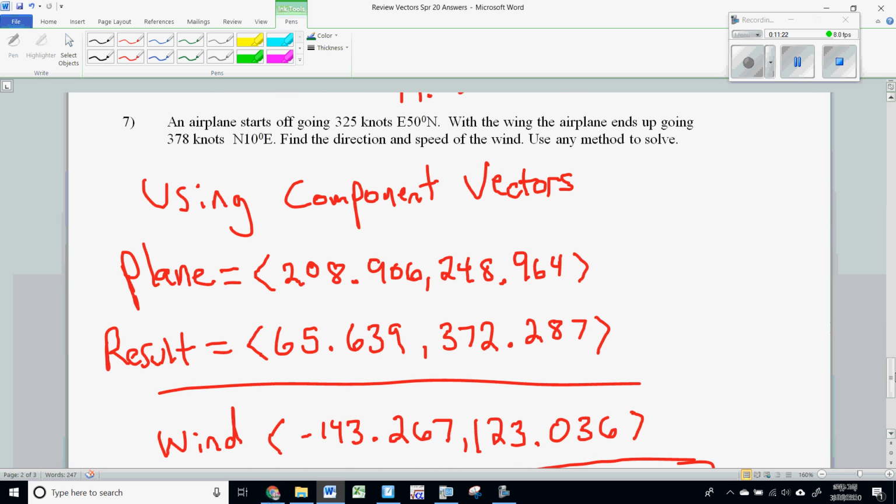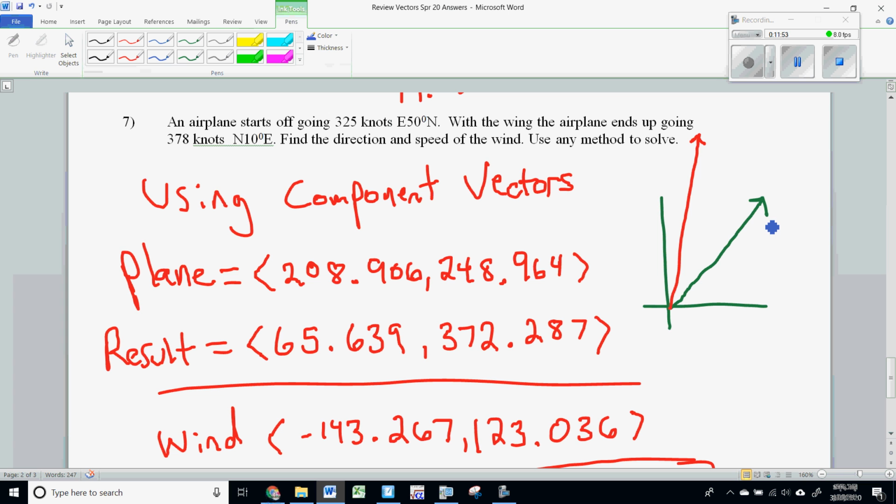And this is one where they give you the result. So they give you the direction the airplane's going, and let me start off by drawing the picture. East 50 degrees north, 300. So they give us there. It ends up going 378 north 10 degrees, which is going to be to there.